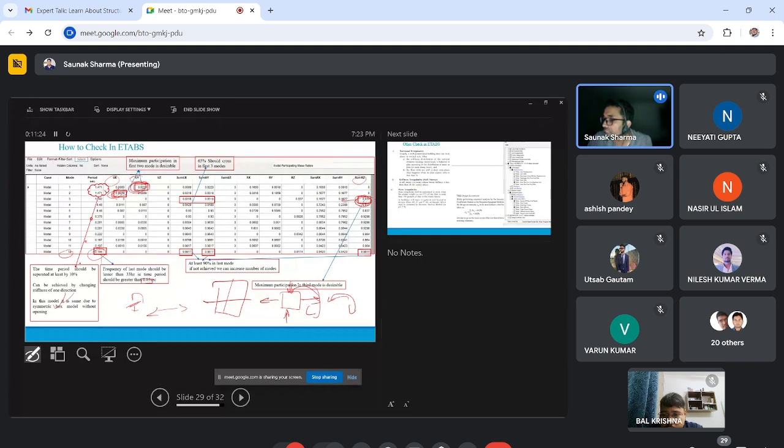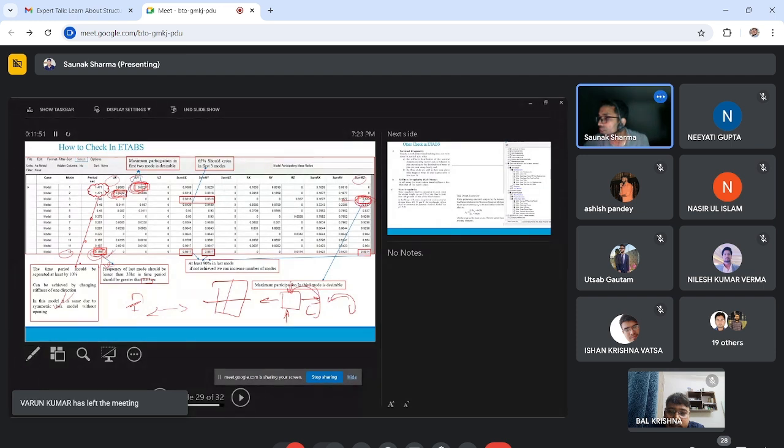If it is lesser than 0.03, we need to do rigorous analysis to consider modal mass correction, something like that. There is an option in ETABS itself for how to do that, so I'll demonstrate that also. This is another part. We are getting lesser than 33 hours. This is also okay for now.